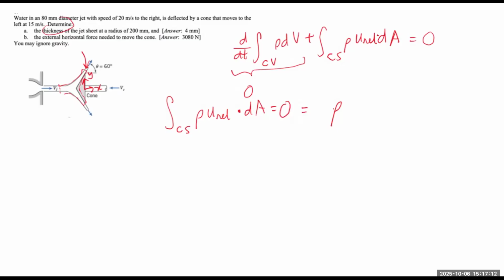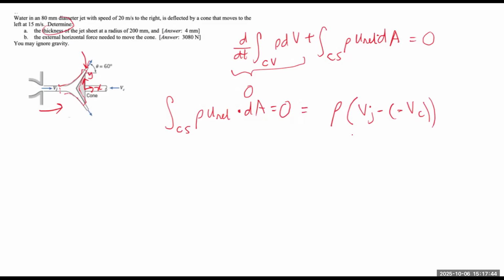Since our coordinate system is attached to the cone, and the cone is moving at speed Vc, the relative velocity is Vj minus Vc, because our positive x direction is taken to point to the right, and Vj is moving to the right at this speed.